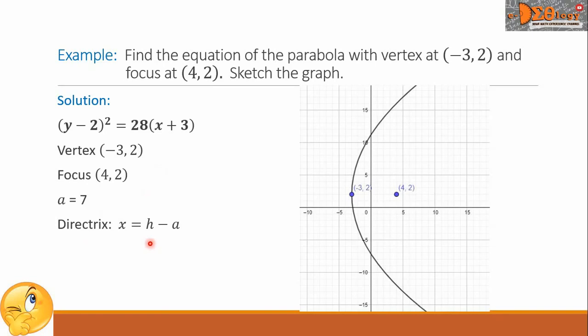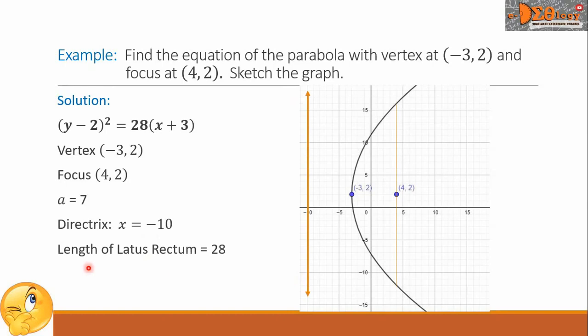Substituting the values respectively, we have negative 3 minus 7, and simplifying this, we have negative 10. So the equation of the directrix is x equals negative 10. This is now the directrix.